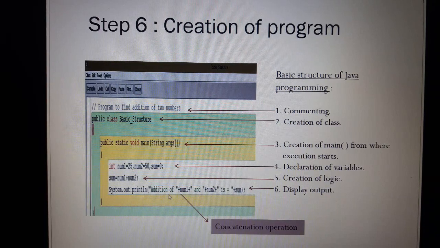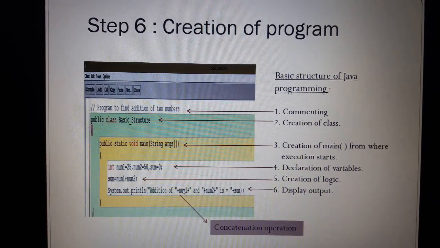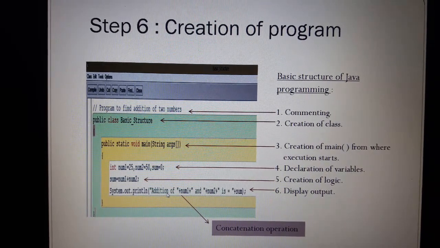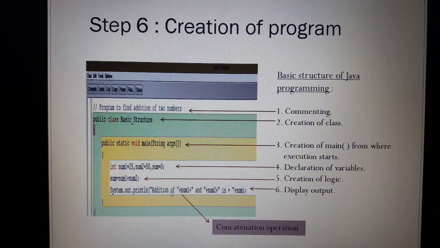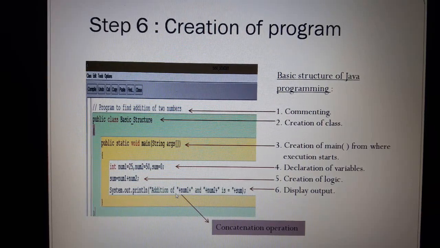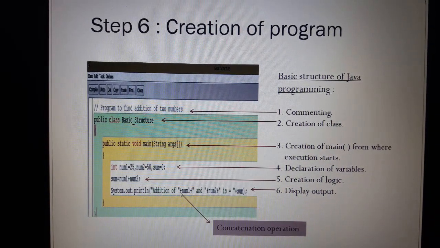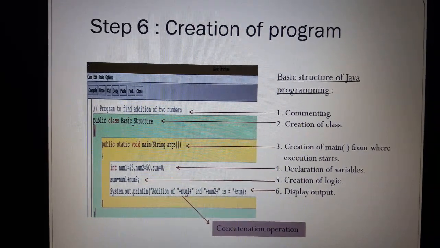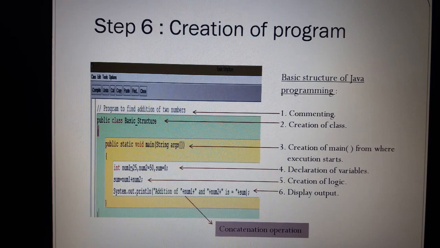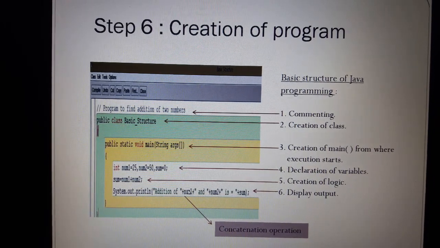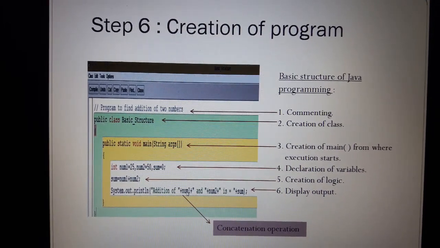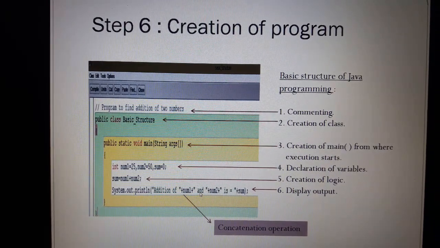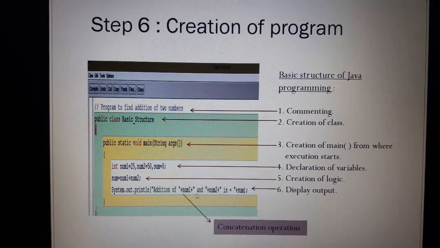We have to join it with the previous content. Our previous content is "addition of" with a space; I close it and then I join it with num1. Now num1 provides us the value. What is the value of num1? 25. 25 is placed here in the output window. And then after 25, I want to join another content, that is "and", but with a space.